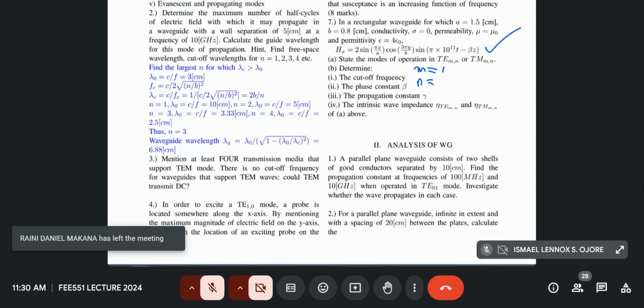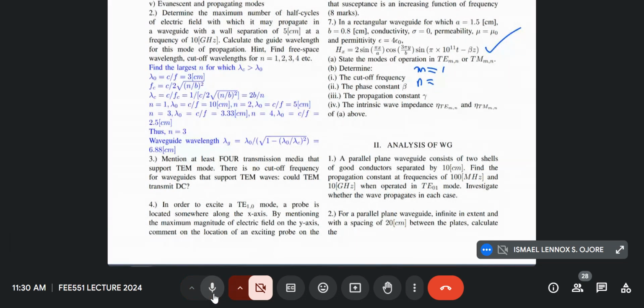The value for N? N is equal to 3. What about the amplitude of that signal, of H? Amplitude? 2. Is 2.